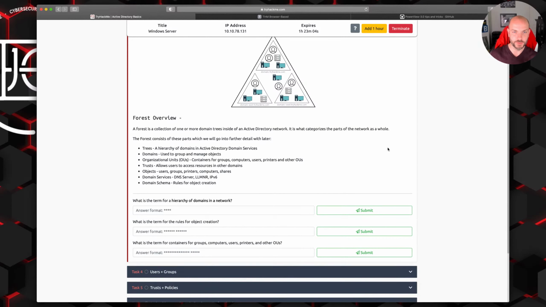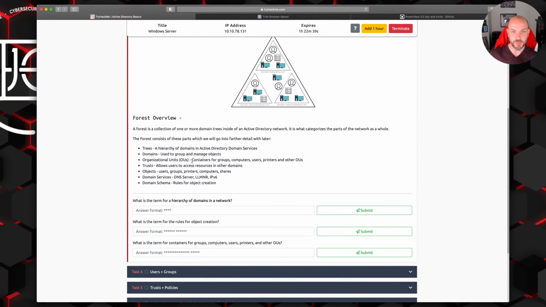So a few of the things that go into a forest: trees is a hierarchy of domains in ADDS. A domain is used to group and manage different types of objects. We talked about those objects up above: users, computers, service accounts.